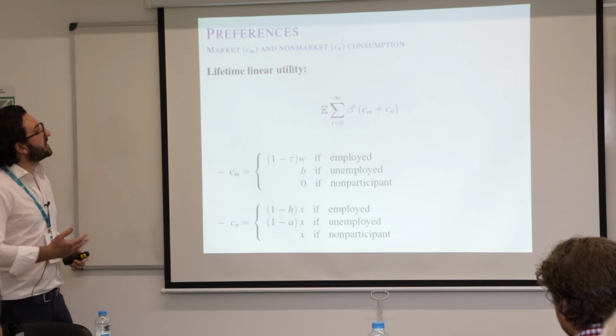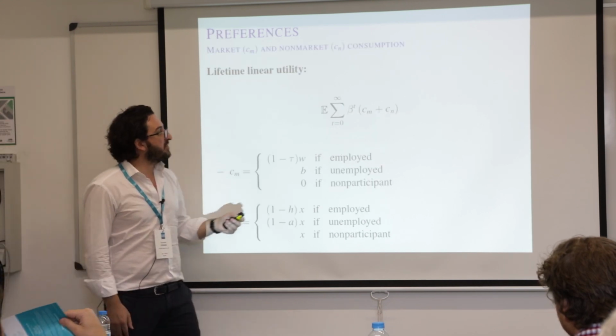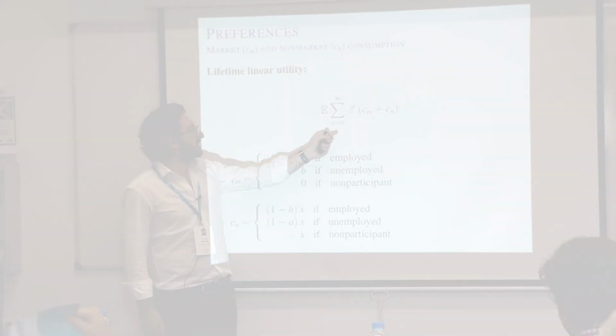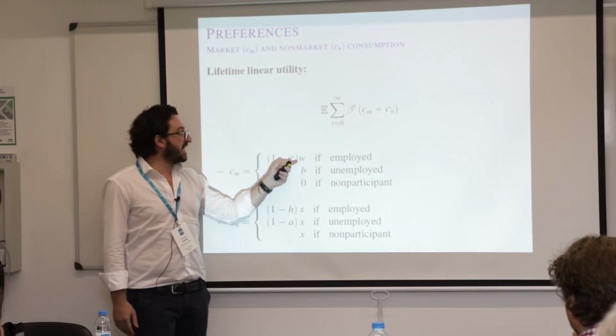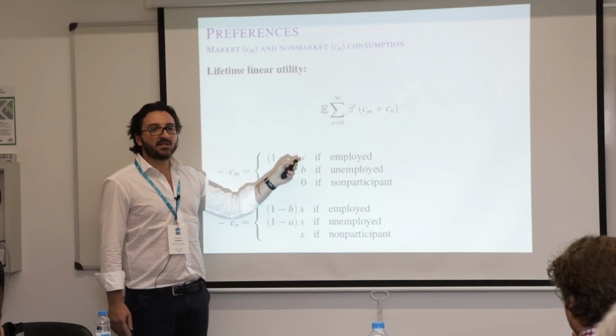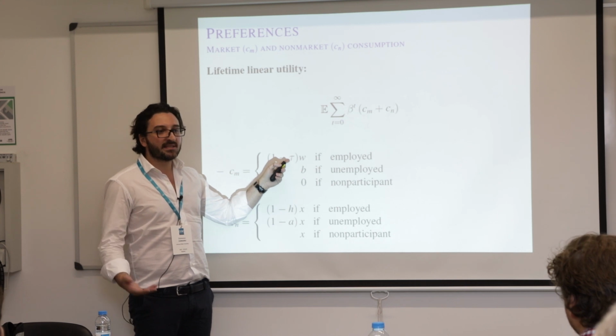Now, preferences of the individuals. Here I'm using the notation of the homework in macroeconomics paper. So individuals have a linear utility in market consumption and non-market consumption, and discount future payoffs at rate beta. So market consumption is 1 minus tau times w, where w is the wage and tau is a tax rate.